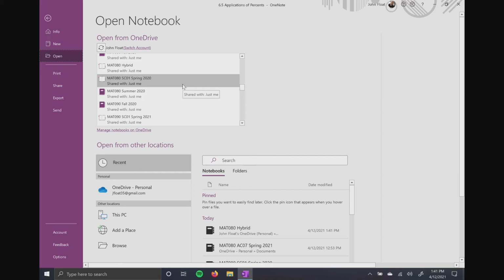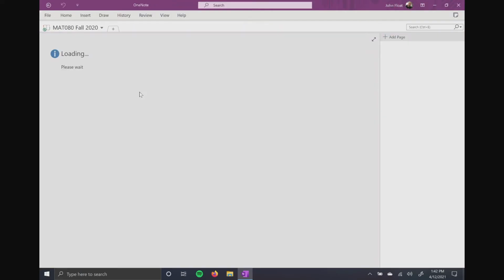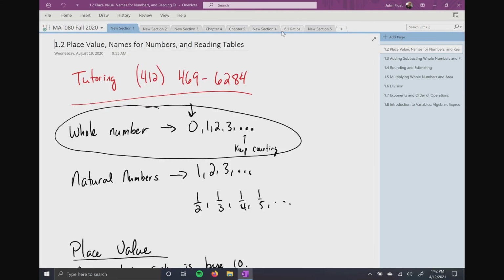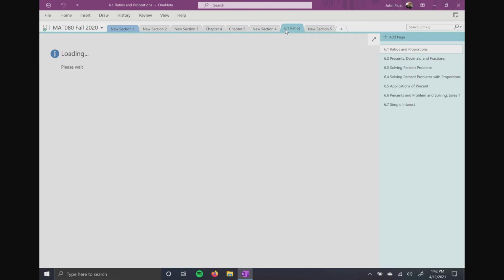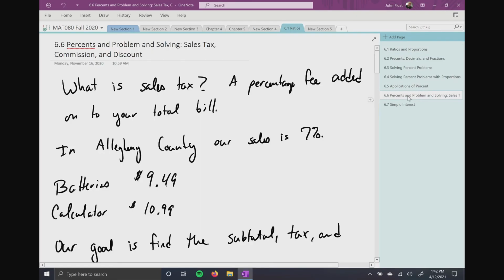Math SC01 spring. I don't think it was spring. It was definitely fall. Way too many notebooks here.